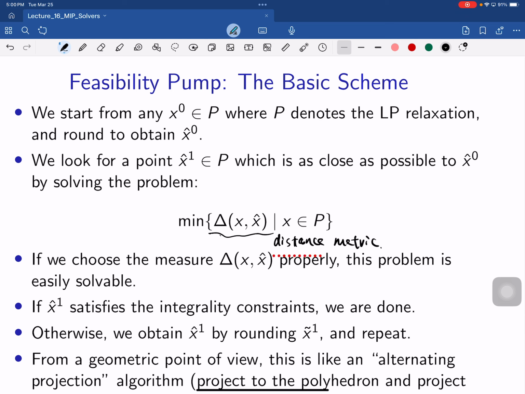For example, it can be some norm, like the 2-norm or 1-norm. After this projection step, x1 hat will satisfy the linear inequalities, but it does not guarantee it will satisfy the integer constraints. So then you do a rounding again and keep iterating between these two steps.